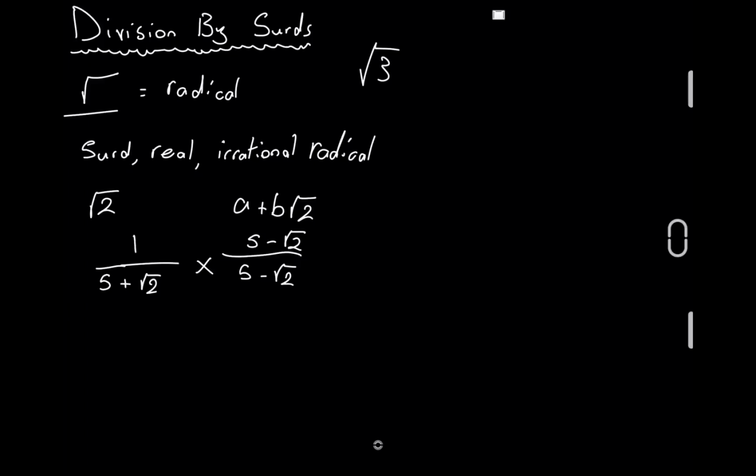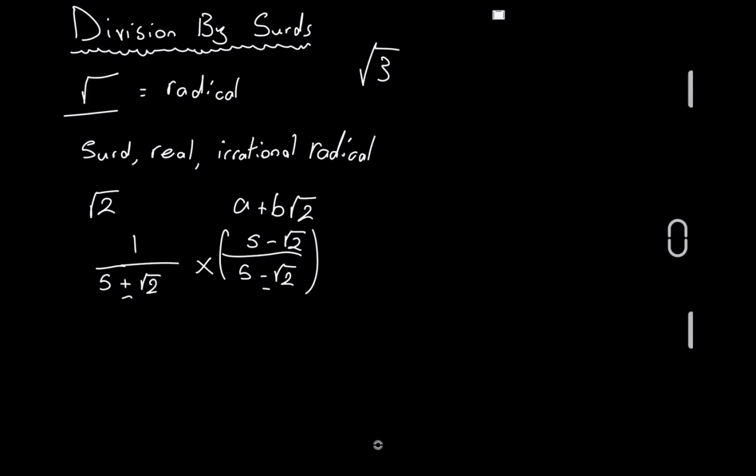Now, I don't have to tell you that by multiplying it by this, essentially what we're doing is multiplying it by 1, because 5 divided by 5 is just 1, and root 2 divided by root 2 is just 1 as well. The thing that's changed here is the sign. We've gone from a plus there to a minus here. And whenever we multiply by the conjugate, we change the sign.